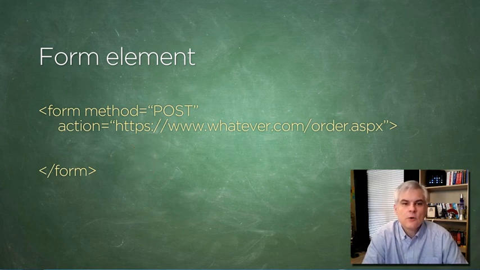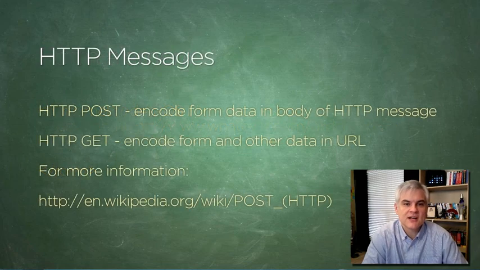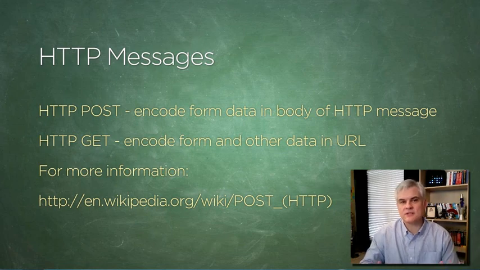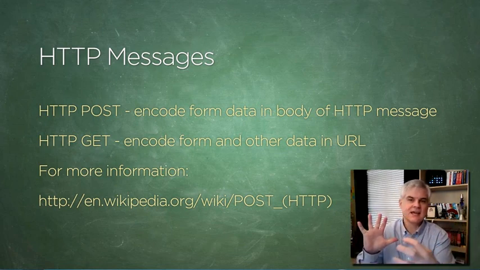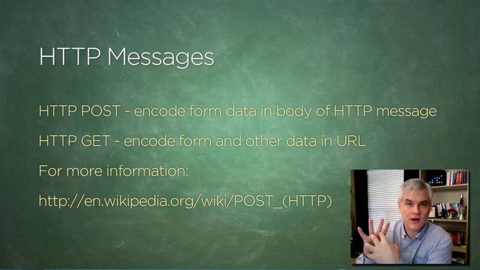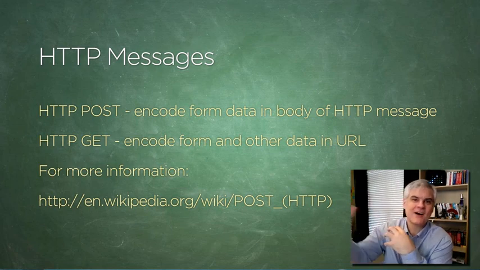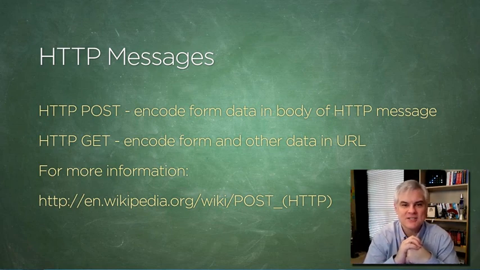Okay, so the HTTP message of post is in contrast to the HTTP get message, and that bundles up all the data and puts it in the query string as a set of name value pairs. So that's roughly the equivalent of taking all the form data and sticking it on the front of the envelope, okay, where anybody can see it as you mail it off into the mail system.